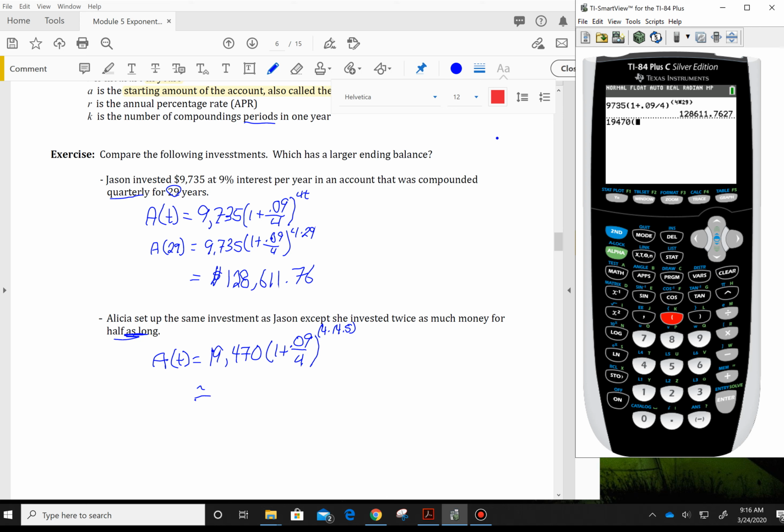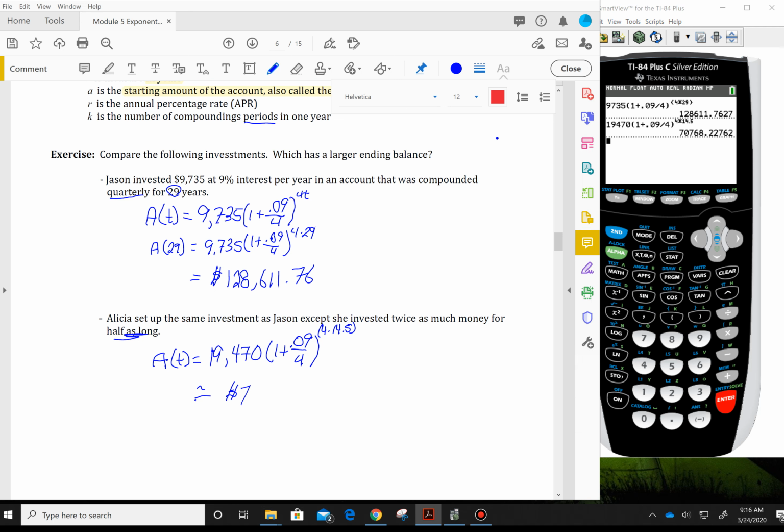19,470, 1 plus your interest rate divided by the number of compounding periods, raised to, again, your compounding periods times the amount of time that she invested, which was 14 and a half years. And I get this coming out to be 70,768.